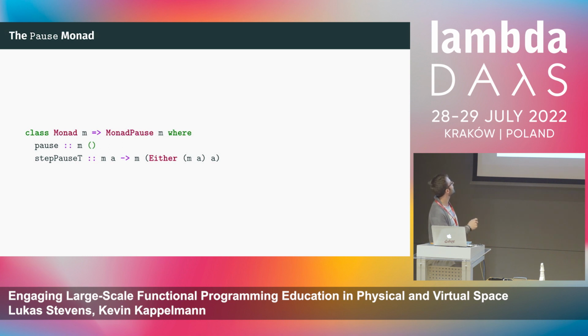And the idea is what happens if you have a computation in this monad and you want to execute it, then you get back another computation in this monad, and then you get either the rest of the computation, and this happens if you encounter a pause. Then it runs until you encounter the pause, and then it returns the rest of the computation after the pause, or it runs to completion, and then you just get back a value.